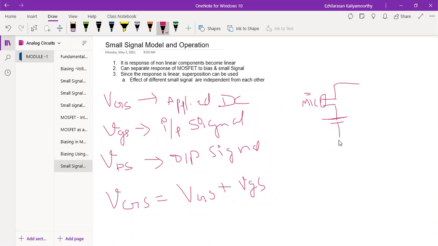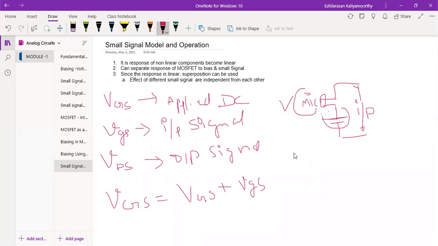Next we'll have the circuits here. This will be a small amount of signal, and it also needs a battery to work. These two together form your input signal. This is the small signal component.